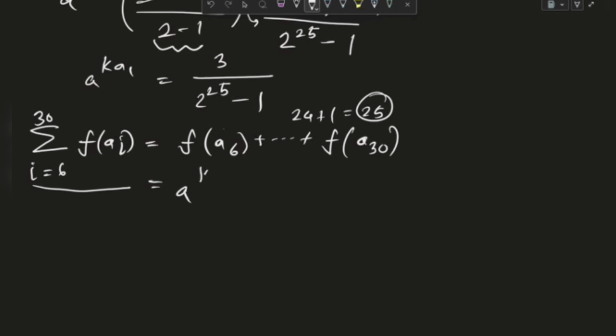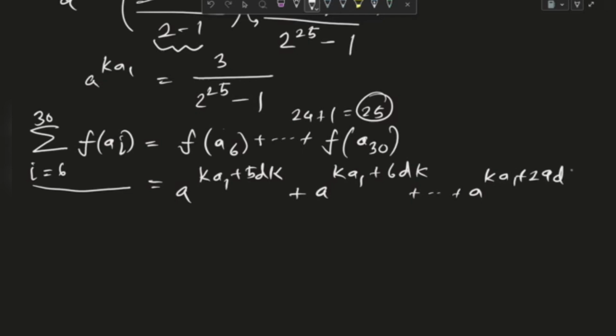I will write it down. This is a power ka1 plus 5dk plus a power ka1 plus 6dk up till a power ka1 plus 29dk. So what we can do is we can take this particular factor common.